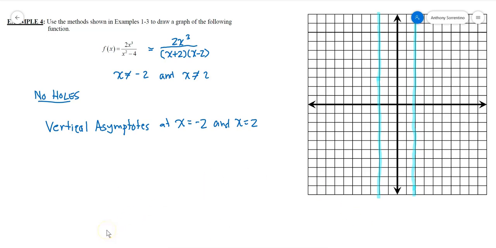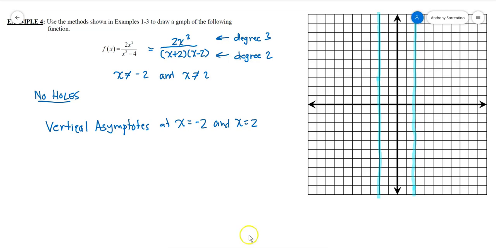Now I'm going to figure out whether I have horizontal asymptotes or oblique asymptotes and find out what it is. I notice the degree is 3 on top, and going back to the original one in particular, the degree is 2 on the bottom. That means I have a higher degree on top than I do on bottom.